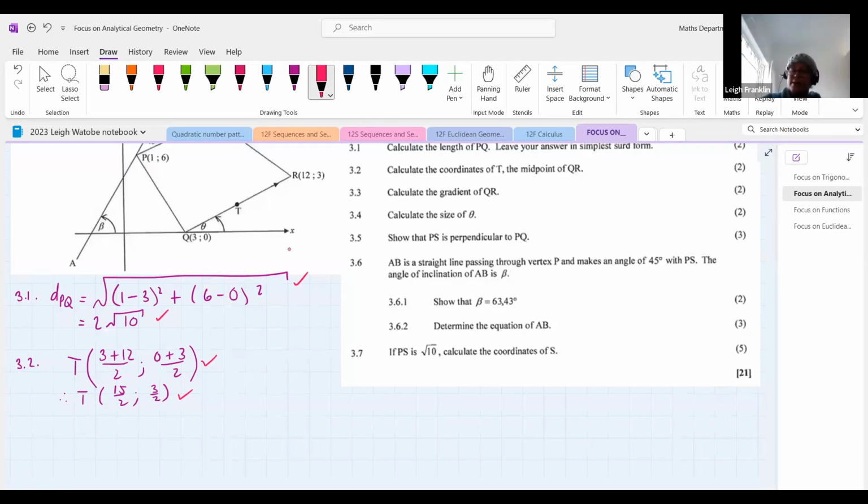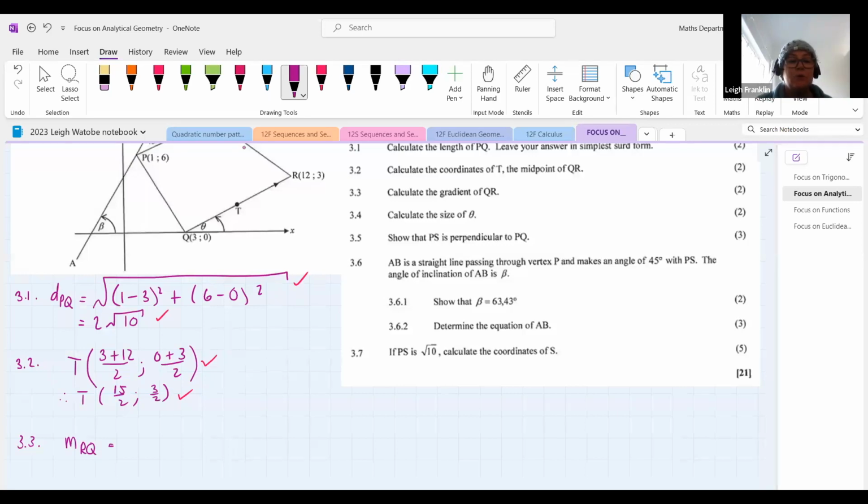Okay, and then the next thing, nice, simple, lovely questions to get us started, get our brain working. Calculate the gradient. So here, the gradient of QR or RQ, it really doesn't matter.